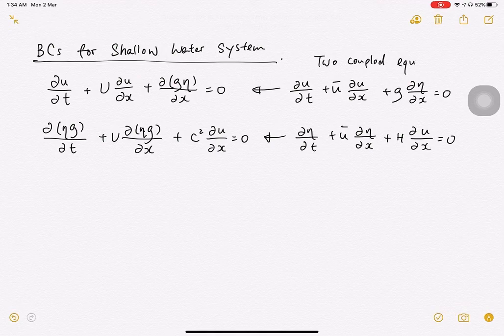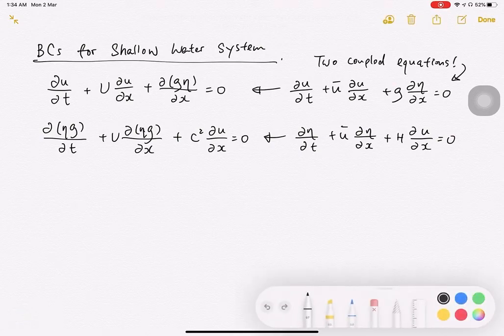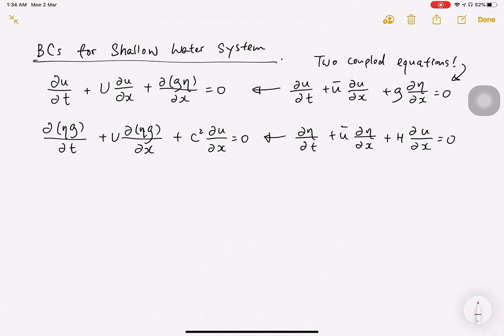It means that each of the variables is present in both of the equations. For example, here and here, they are both present in the same equation, and also for this.